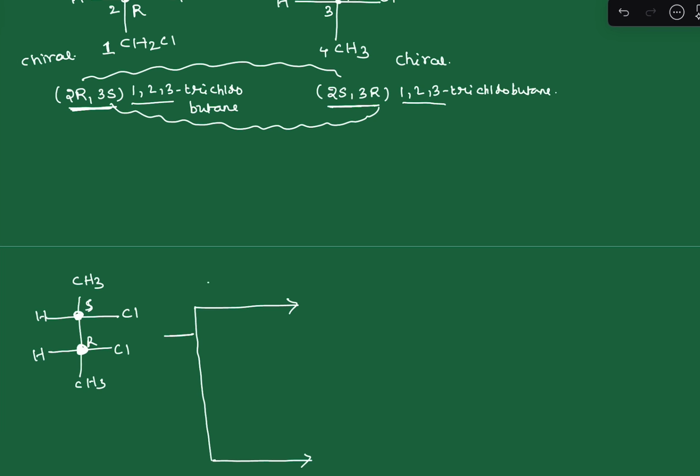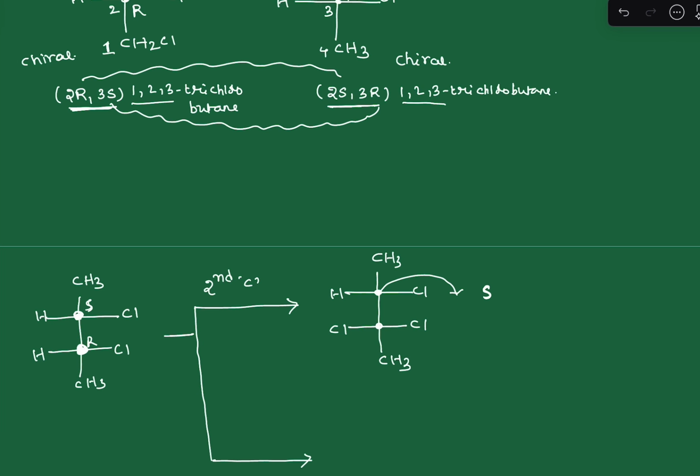I am taking substitution at the second carbon. At the second carbon, as a result, it becomes chlorine, chlorine. Of course, this is chlorine and hydrogen with retention of configuration. And here this is CH3. Now this is not chiral. Only this is chiral, and the configuration is S. This is optically active.